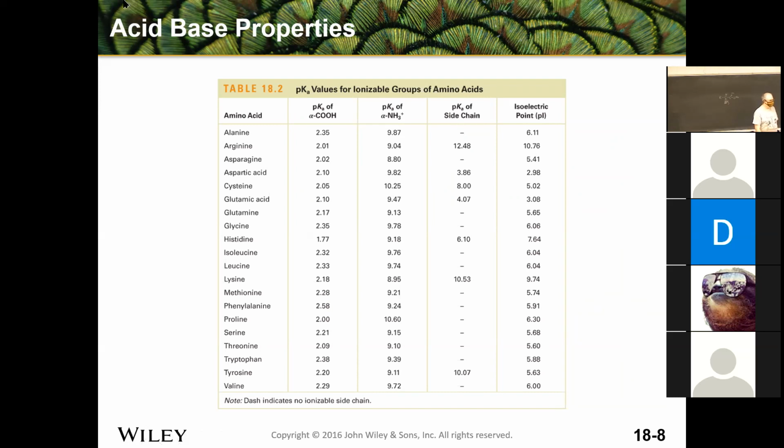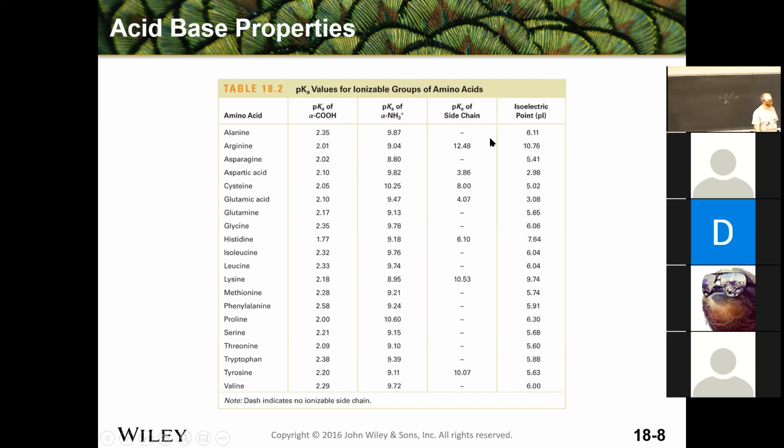The amino groups, turns out, are actually less basic than isolated amines, a little bit less basic. Okay, so these are the pKa values for the amino groups. Okay, notice they're on average about 9 for the pKa of the conjugate acid.